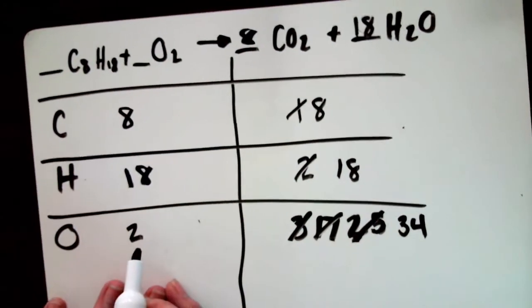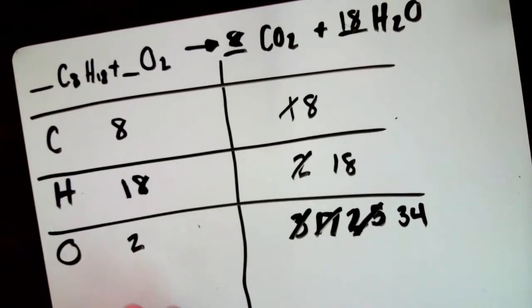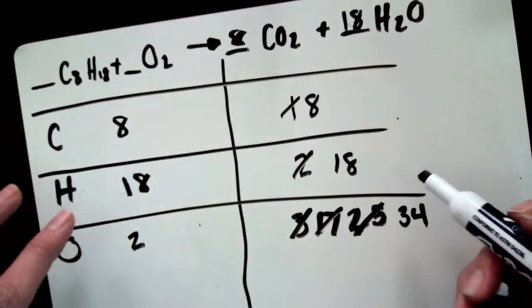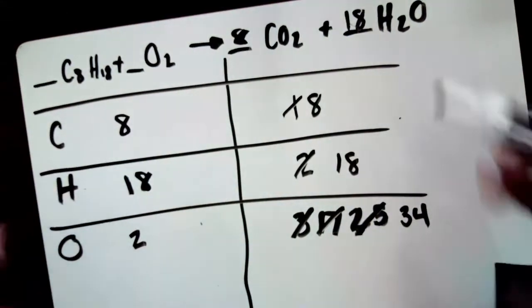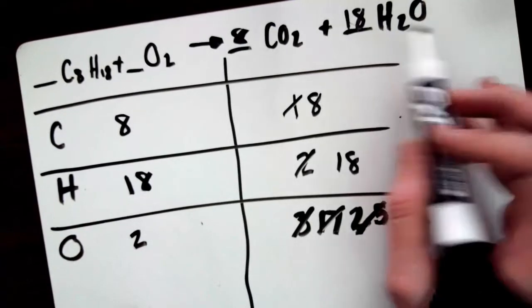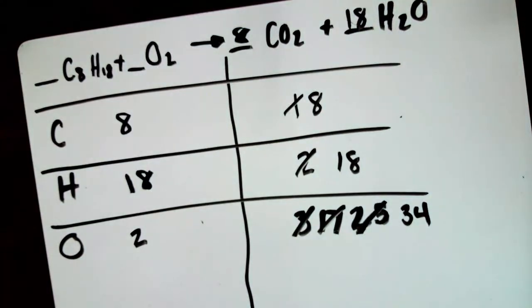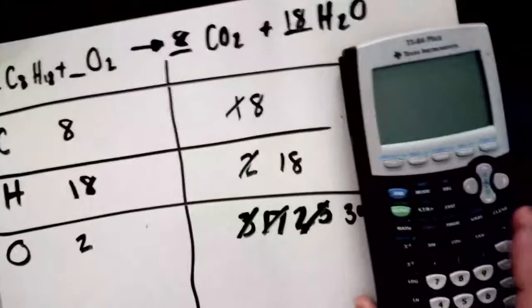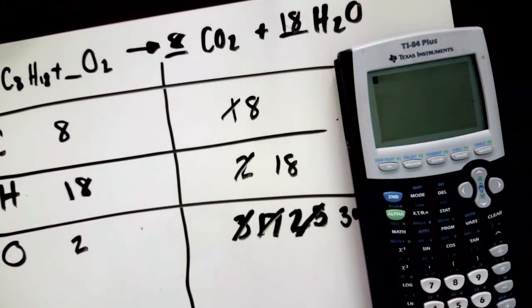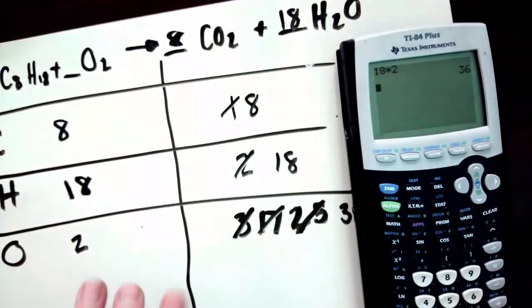I'm not even going to balance this guy yet. You can throw a number in there if you really want to, but it doesn't really matter yet because we're not balanced up here because we changed something. When we put 18 here, now our hydrogens are 18 times 2. This is where I'm going to grab my calculator just so I don't make something stupid happen here. So 18 times 2 gives me 36 for this hydrogen.